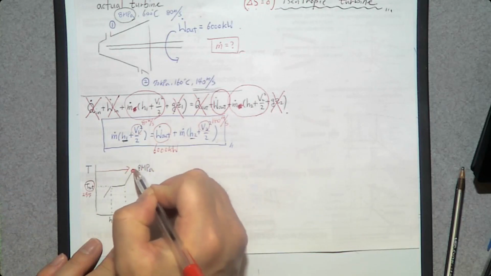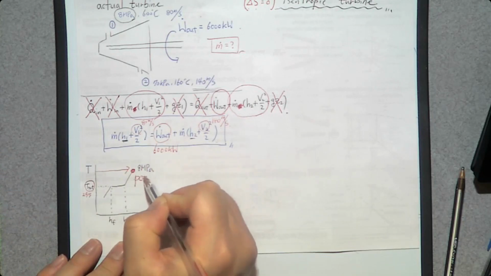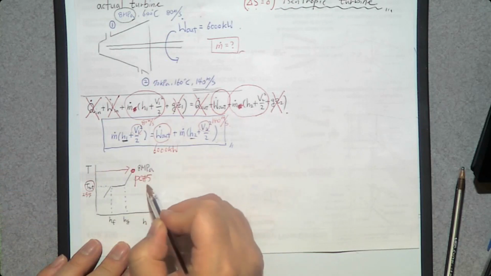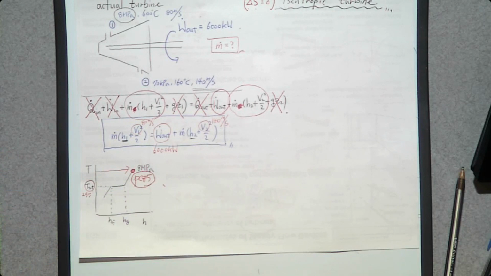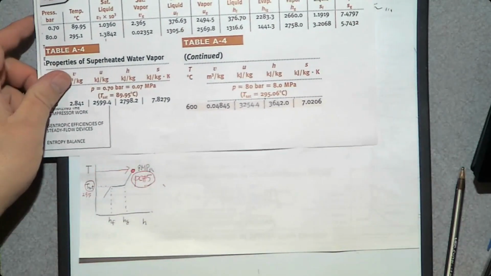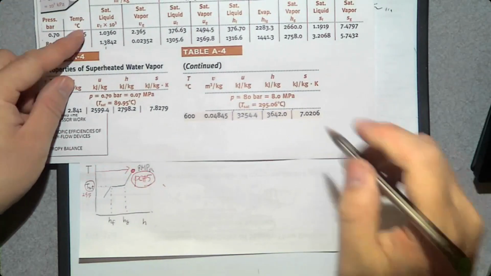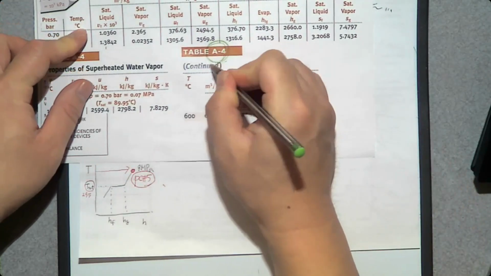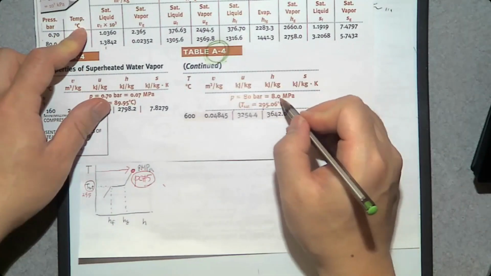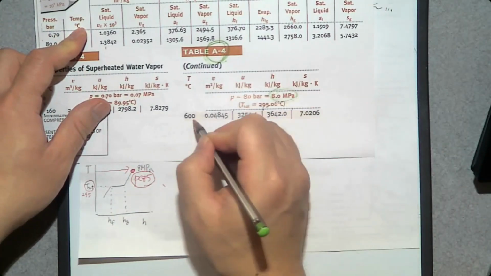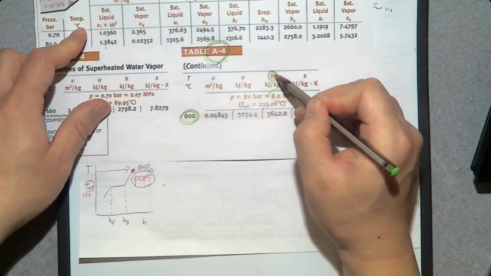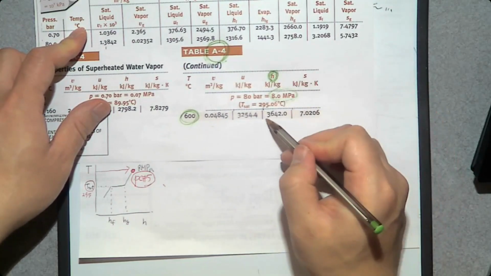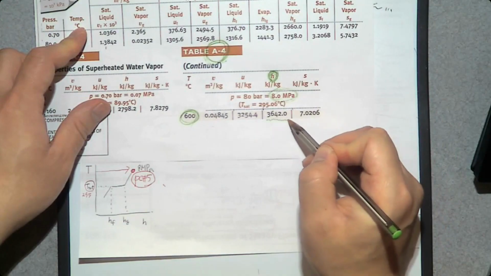We have phase change process number 5, superheat vapor. And if you know you have a superheat vapor, then how can you find their properties? You go to table A4, superheat vapor table, find 8 megapascal, 600 degrees Celsius. What is the property that you are looking for? h. So h is going to be 3,642.